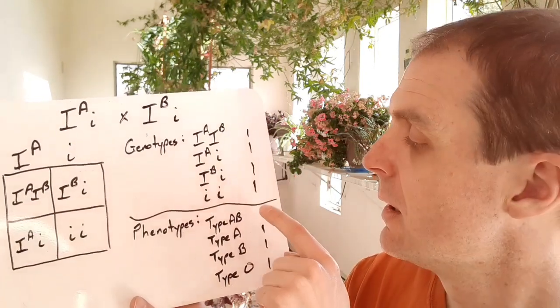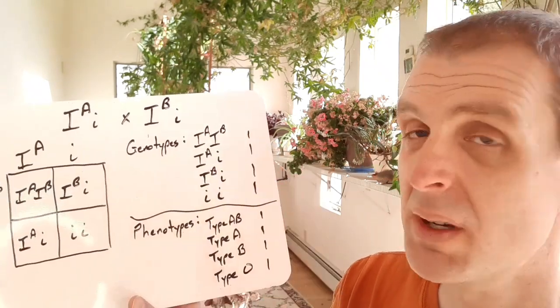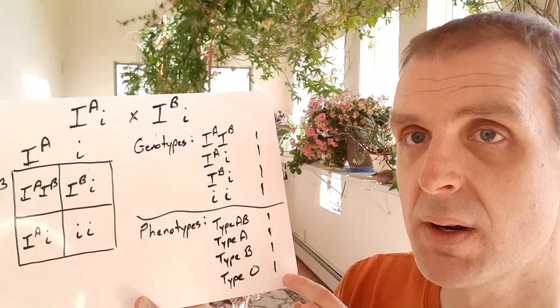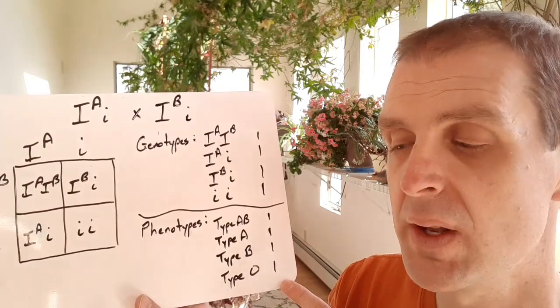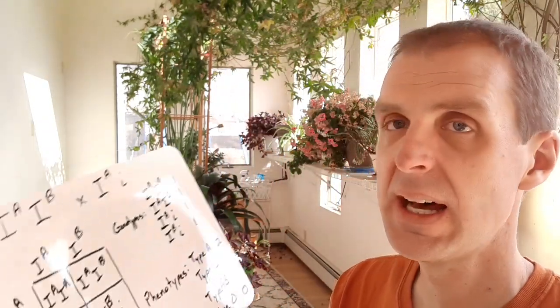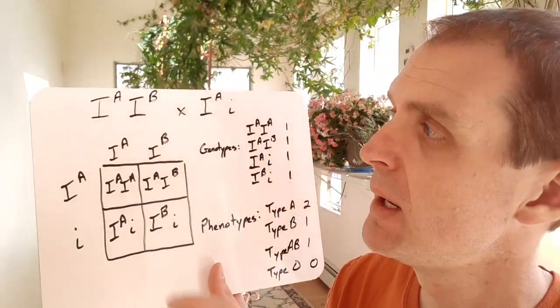Hopefully that was clear. But anyway, 1 to 1 to 1 to 1 for your genotypes, 1 to 1 to 1 to 1 for your phenotypes.